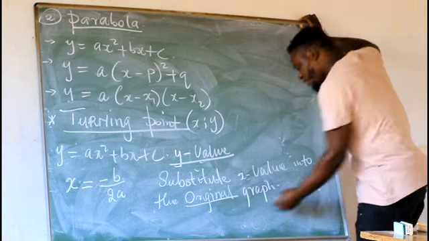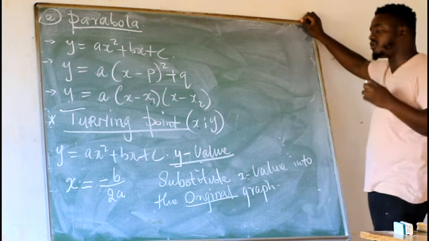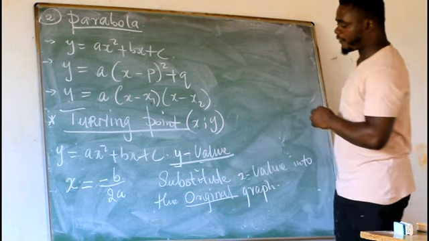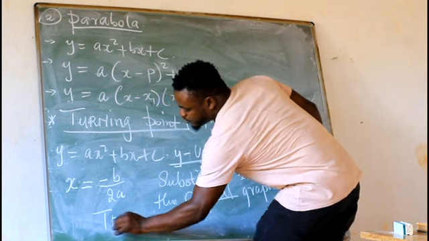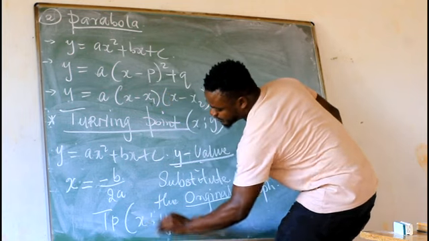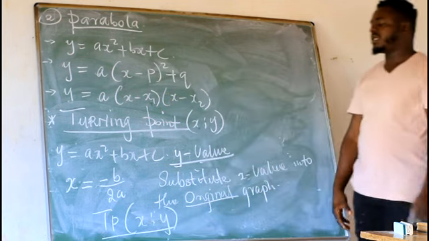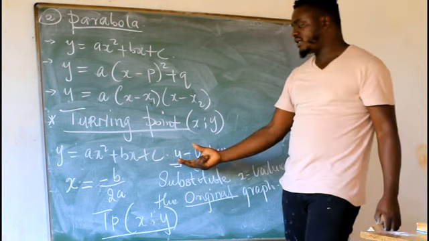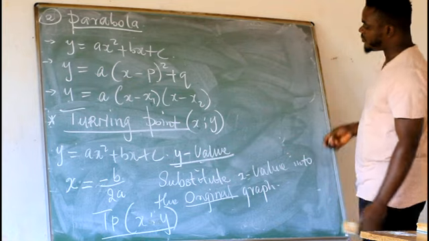After substituting the x value into the original graph, you find the y value. Therefore, your turning point is going to be in the form of x and y. This is how you find the turning point. Okay guys, let us take an example of this turning point.